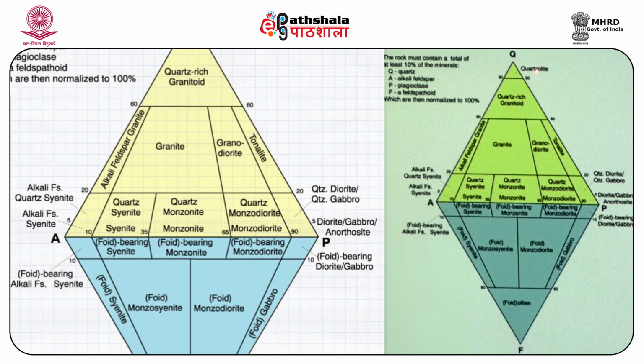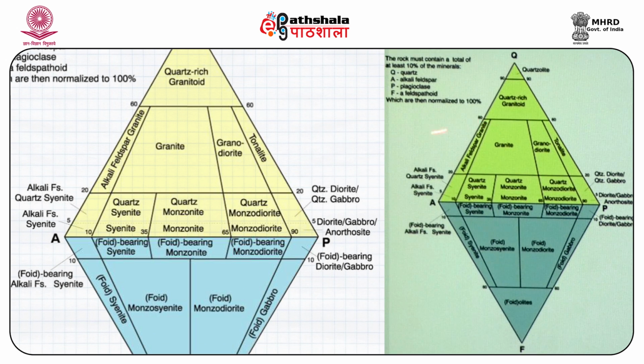So as you can see that if it is more than 90% quartz, Q is quartz, then it is called as quartzolite. When it is 90% to 60% quartz and more than 10% to 30% of alkali feldspar and plagioclase, it is called quartz-rich granitoid.